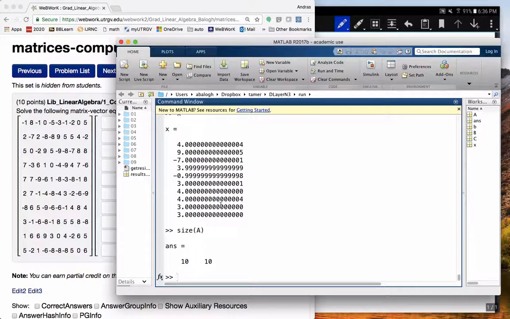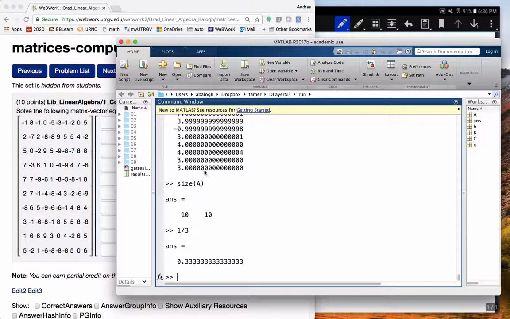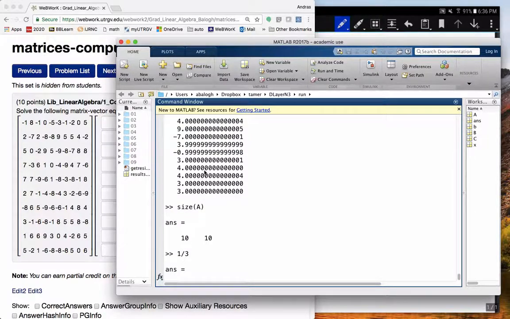So unfortunately in practice you cannot get that. Maybe with Mathematica you can get the precise solution in terms of fractions. In MATLAB, since it's a computer system, 1/3 doesn't have finitely many decimal digits, so you're going to get a rounding error immediately.